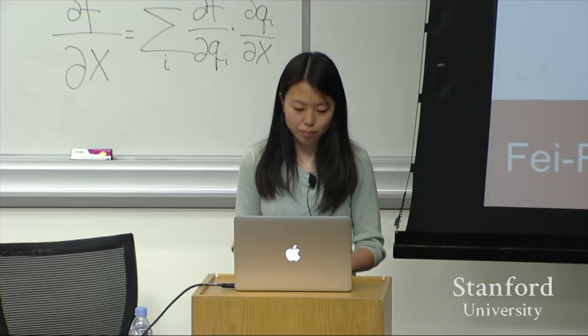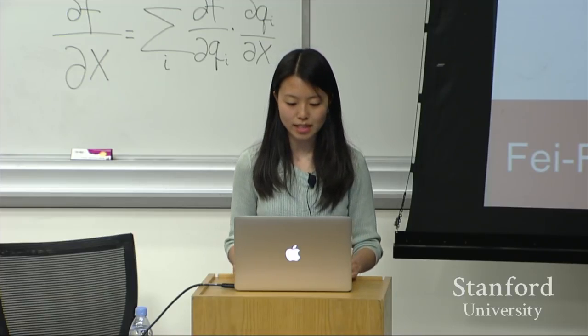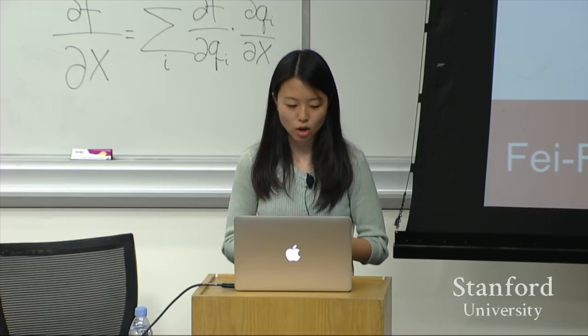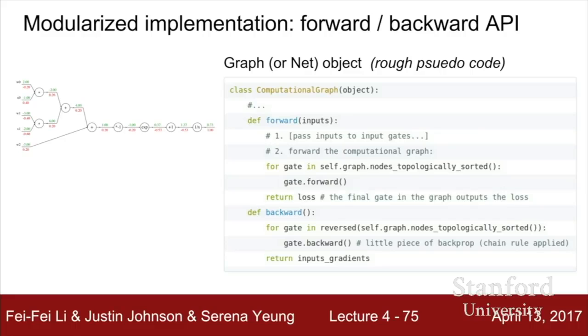The way that we've been thinking about this is a really modularized implementation, where in our computational graph we look at each node locally, compute the local gradients, and chain them with the upstream gradients coming down. You can think of this as a forward and a backward API. In the forward pass, we implement a function computing the output of this node, and in the backward pass, we compute the gradient.